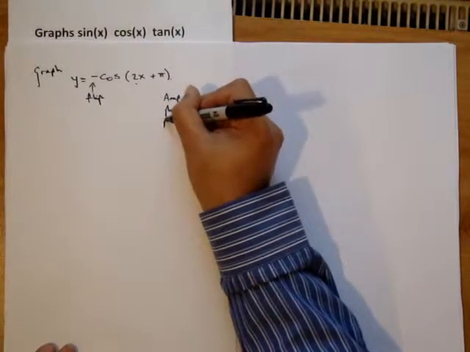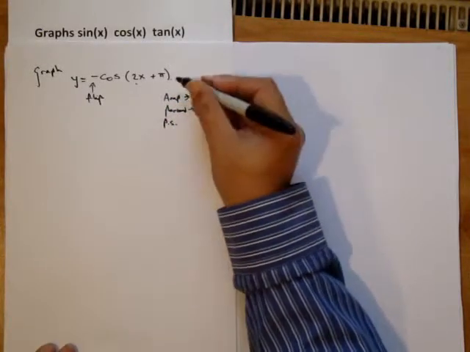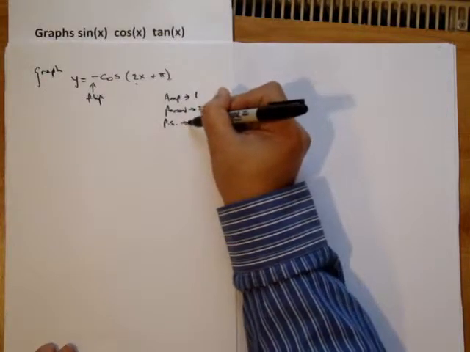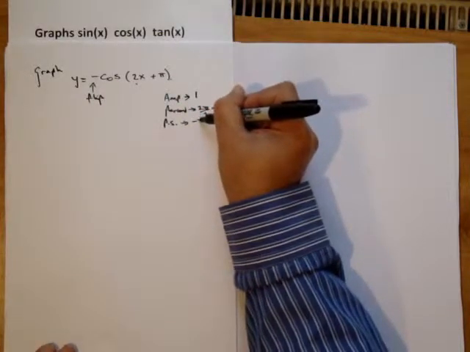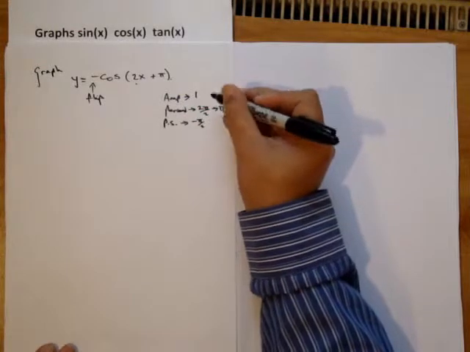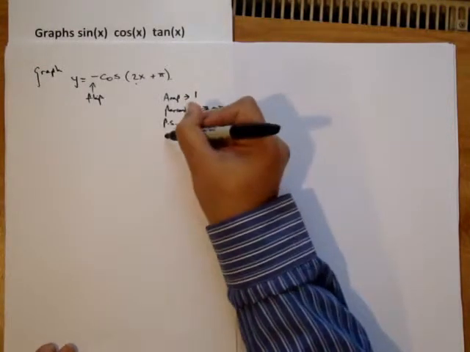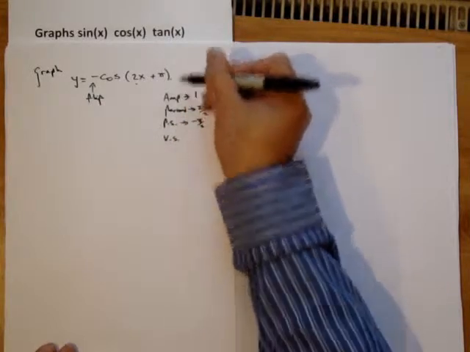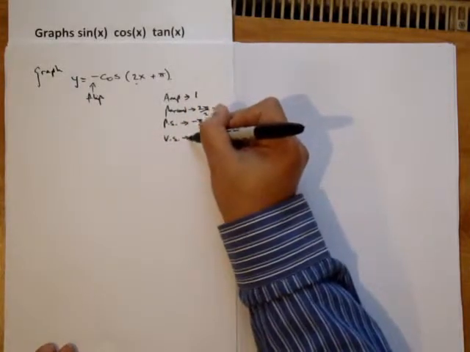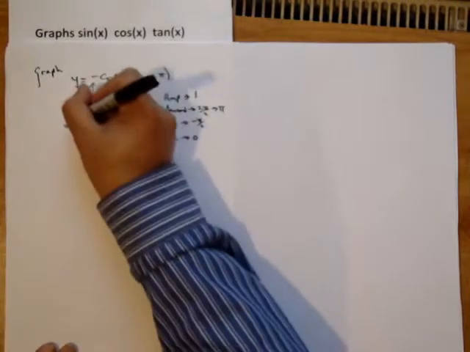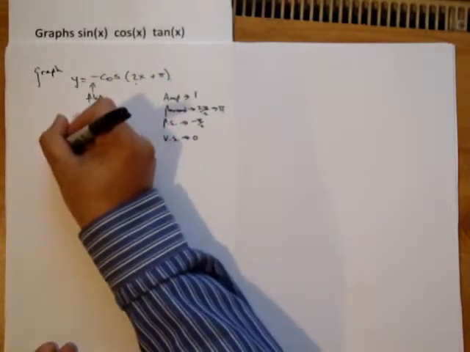The phase shift is minus pi over 2, and then the vertical shift, there's no plus k, so that's 0. So let's draw this.